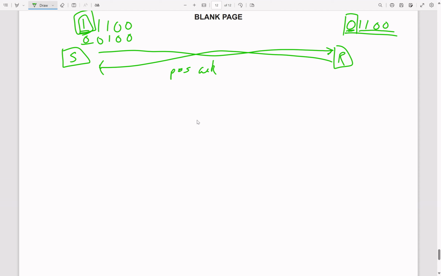Then it can either say, hey, there's been an error, just resend, and the sender will resend, or it just won't do anything. Then the sender will wait, let's say for 2 seconds, and if it's not received anything after 2 seconds, it's going to resend again. And this will continue until the receiver gets the correct data.